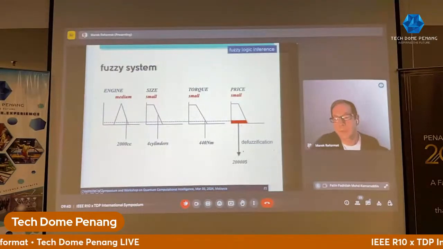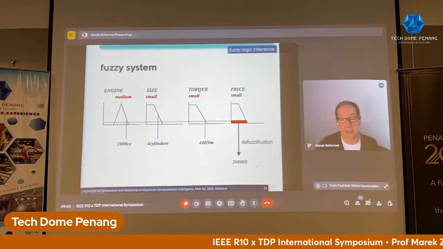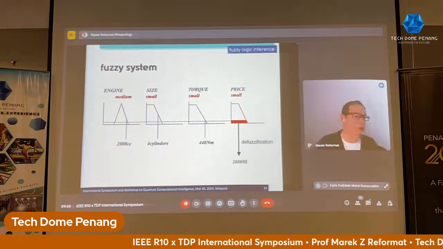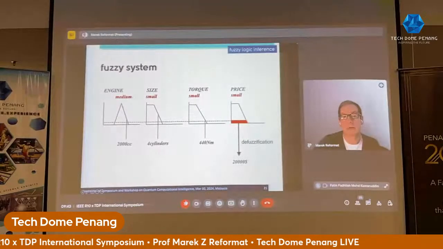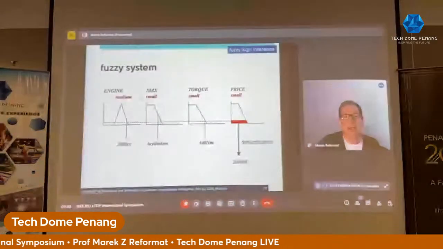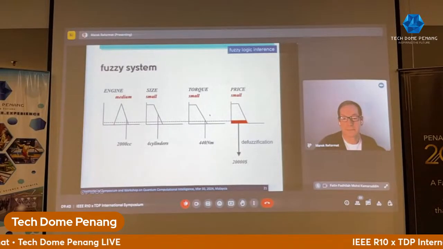Then through the process of defuzzification, we obtain again something which is more concrete. But the whole process of inference here is based on the fact that we use the linguistic labels representing the engine, the size, the torque, and the price in an imprecise manner.